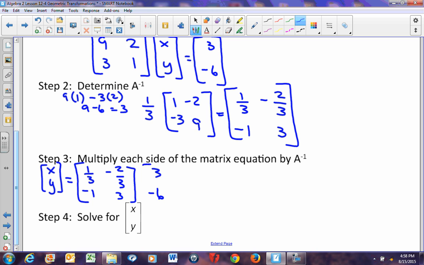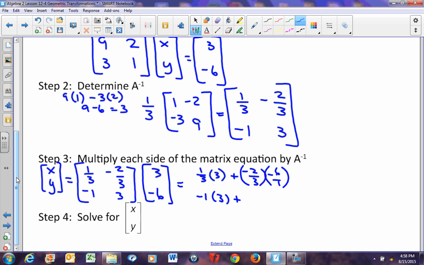There we go. So if I do that correctly, it's 1/3 times 3 plus -2/3 times -6. And then it's -1 times 3 plus 3 times -6.